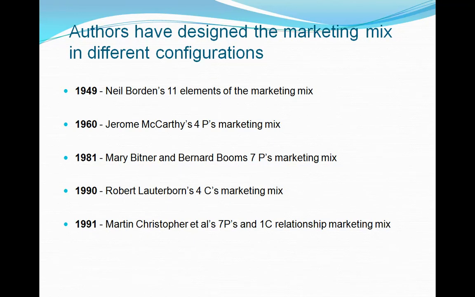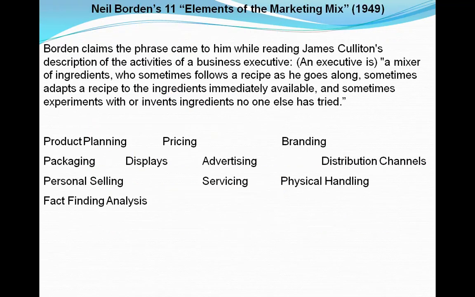This is what we're going to talk about in a minute, which is all about service marketing. Then there are the 4 Cs of marketing and the 7 Ps and the 1 C of the relationship marketing mix. And now you might be able to guess what the 1 C is. We are going to go through these now.